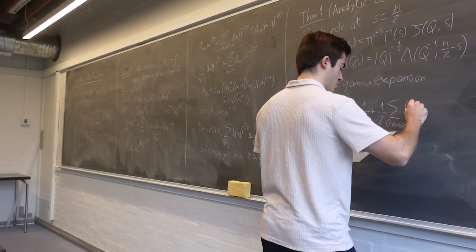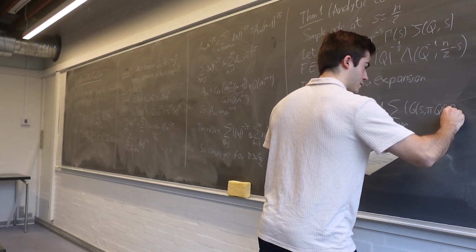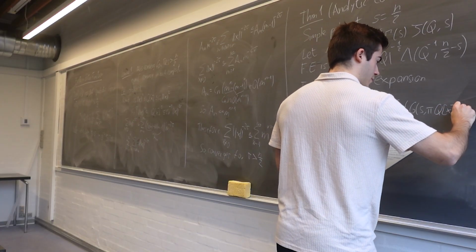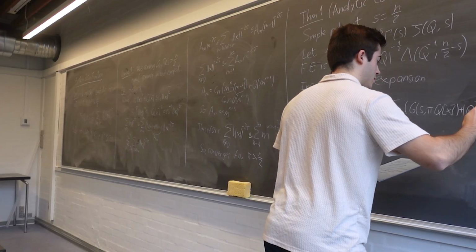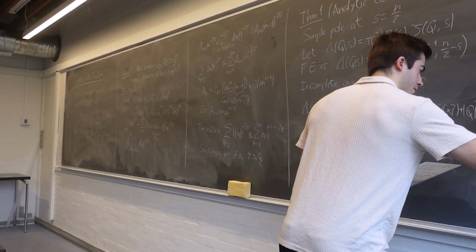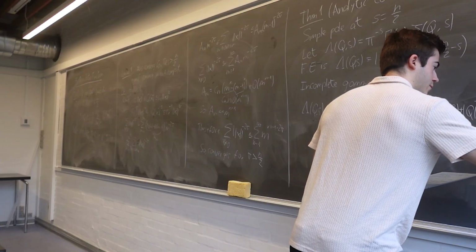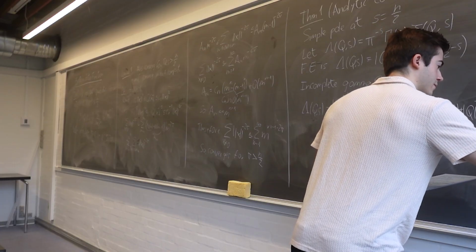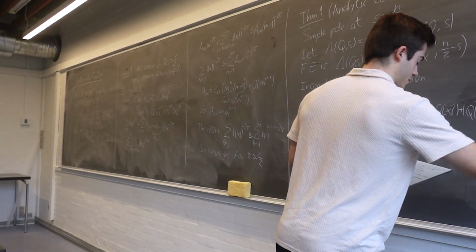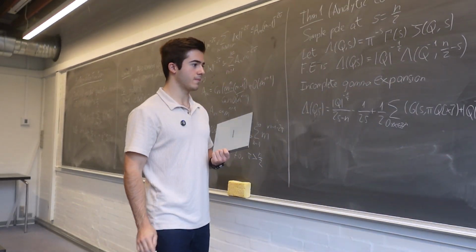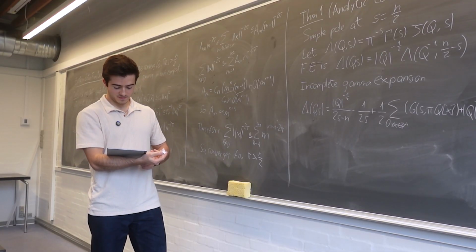And now we have G(s, Q(x)) plus Q to the minus 1/2 times G(n/2 minus s, Q^(-1)(x)). And then this. Okay, I will prove this if I have time. I don't think so, but.